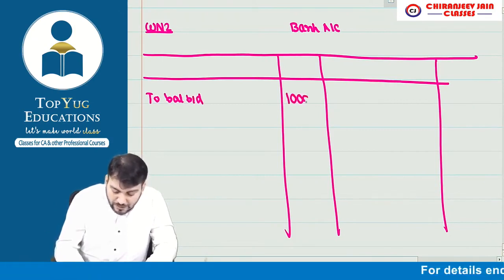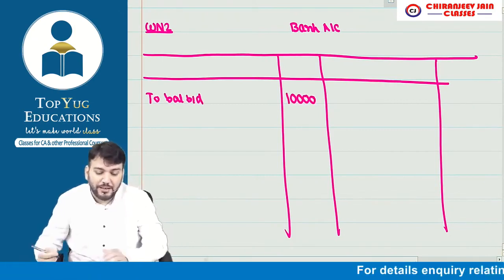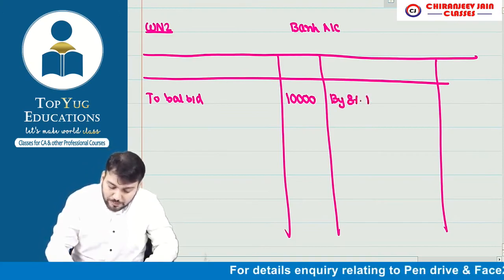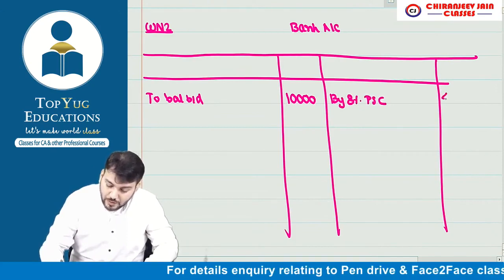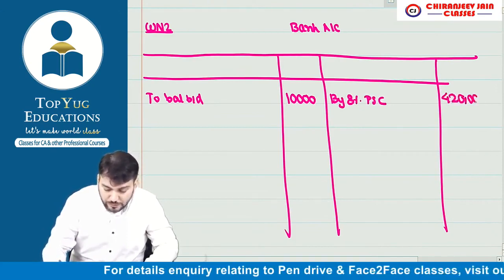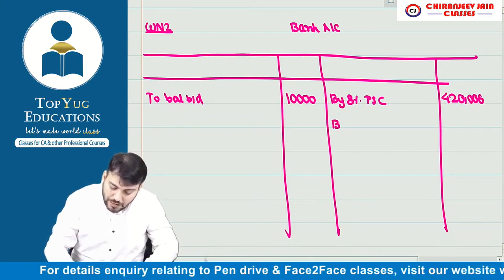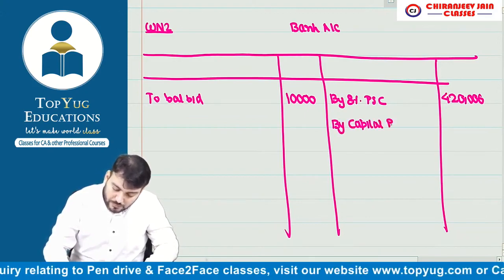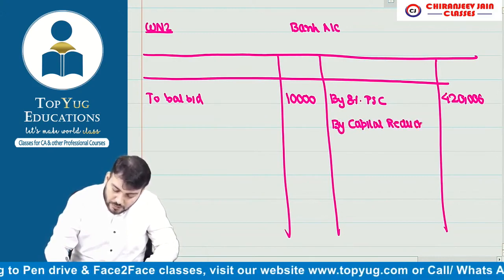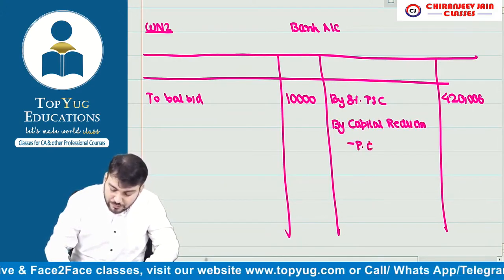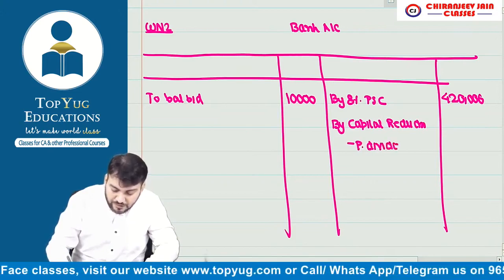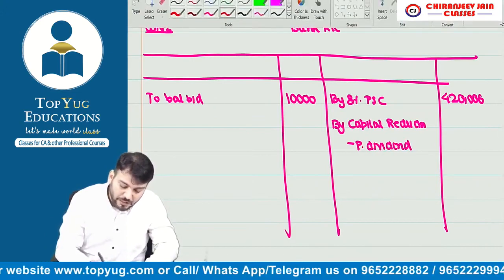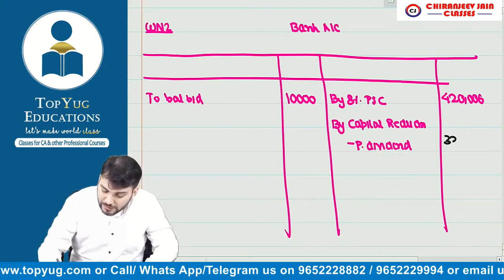Now whatever payment was done in the above journal entry, we will write down first. देखो, by 8% preference share capital 4,20,000. Then by capital reduction, this is for preference dividend. Preference dividend, how much paid? कितना payment किया बताओ? It is 33,600.